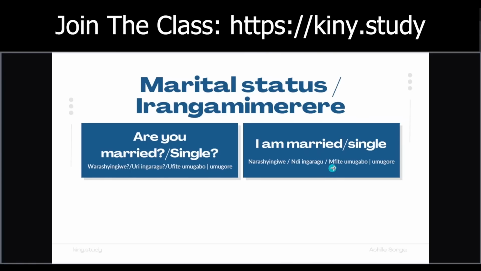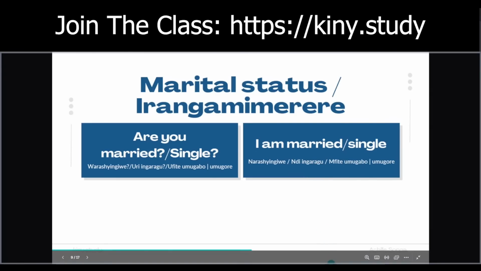Or you can say mfite umugabo if you are a woman. This means I have a husband. Or you can say mfite umugore if you are a man, which means I have a wife. So umugabo means a husband and umugore means wife. You can use any of these to say that you are married or you are single.